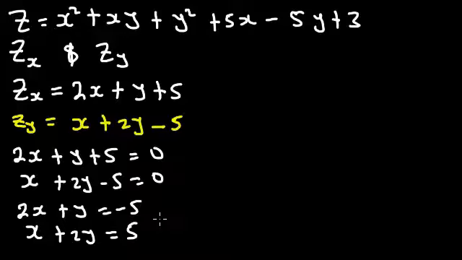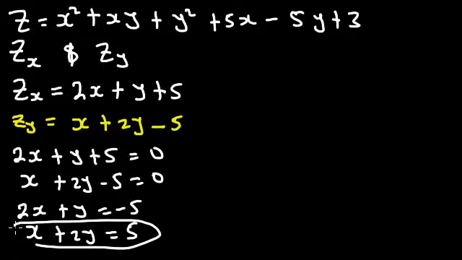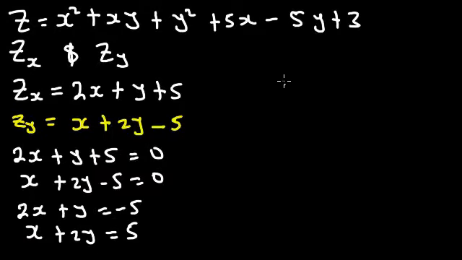To solve this simultaneously, let's consider using the elimination method. To use the elimination method, we need to make the coefficient of one of the variables the same. So let me try to eliminate x. Thus, I need to multiply the second equation by 2, so its coefficient can balance with that in equation 1.